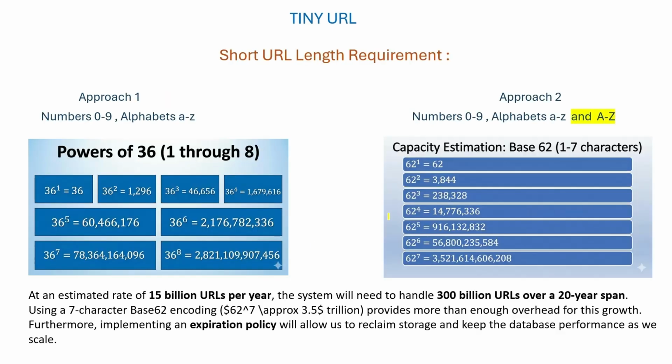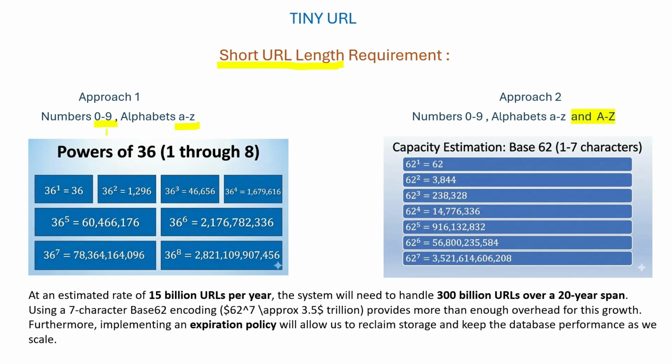Moving on, the next topic in our capacity planning is to determine the length of the short URL: how few characters we can fit into the short URL to be able to support this scale of system. There are two approaches ideally. Approach one would be using the 10 numbers 0 to 9 and 26 alphabets A to Z, ignoring case sensitivity.